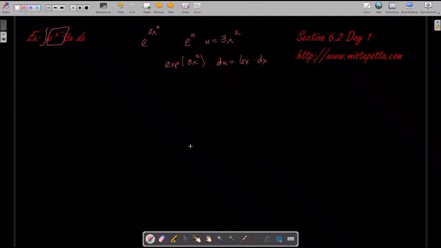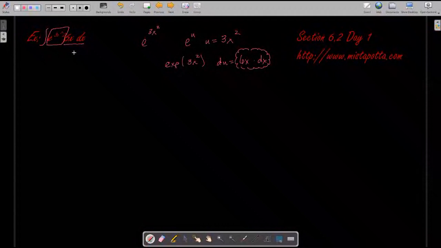Now, this is du, which means I'm looking for this in my integrand. And if there's anything else that I've got, I need to incorporate this to try and resolve the du. And I'm lucky because all I have is just the 6x here.